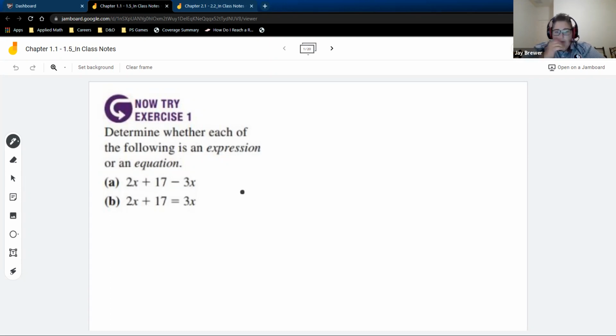Okay, so for this slide, what we want to consider is the difference between an expression and an equation. And as you can kind of guess from the English parts of this, equation kind of reminds you of equal sign. So part B here is the equation.